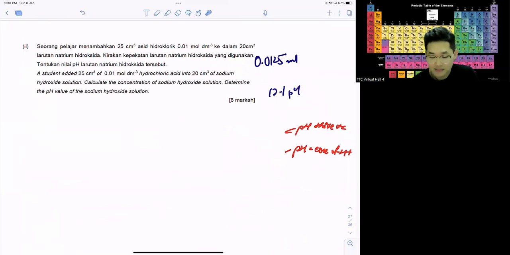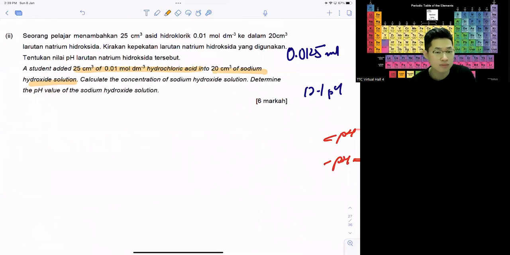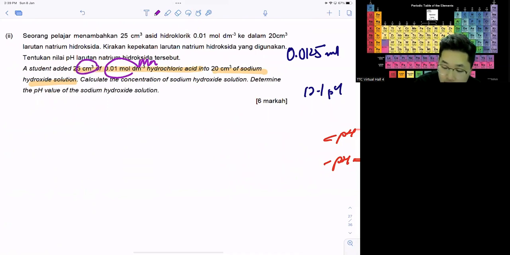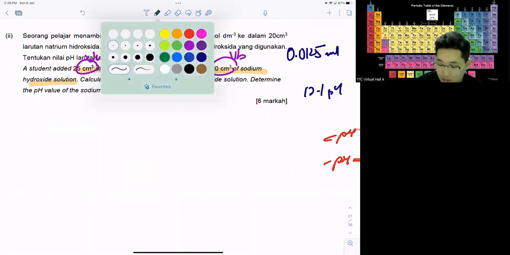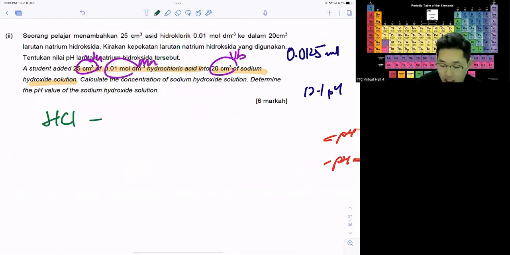And then here, a student added hydrochloric acid into sodium hydroxide. You see, what is this? Acid added into alkali solution. Neutralization. Calculate the concentration of sodium hydroxide. This is your MA. This is your VA. This is your VB. First, we must write an equation because we need the ratio.